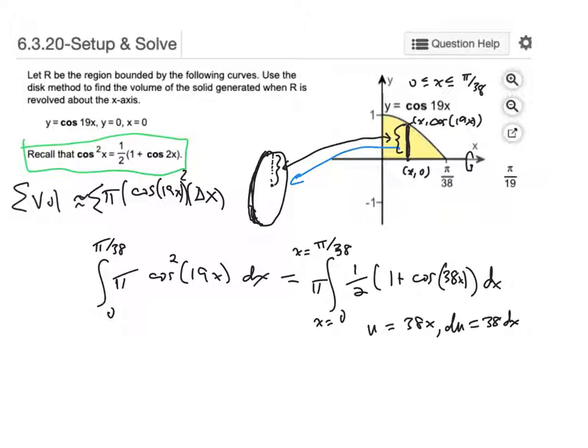So if I put all that together, I won't do it all the way through, but I'm going to pull this 1/2 out with this pi. So pi over 2. My u will now go from 0 to pi. And instead of 1 plus cosine 38x, I'm going to have 1/38 times 1 plus cosine u.